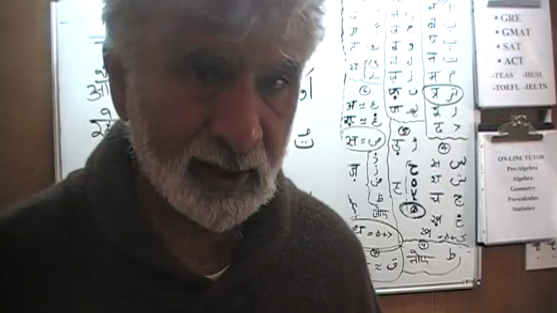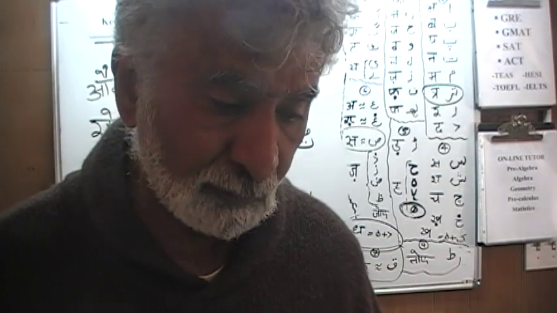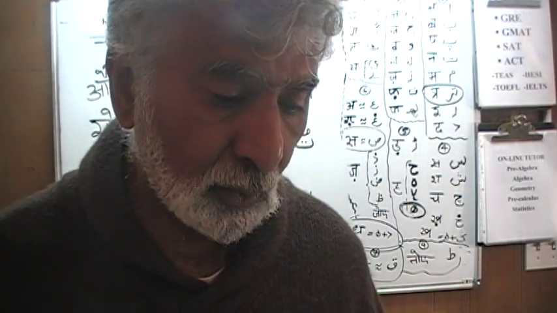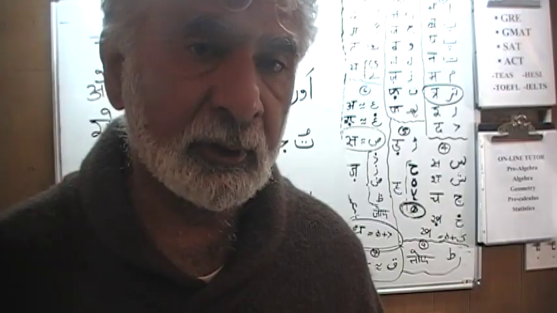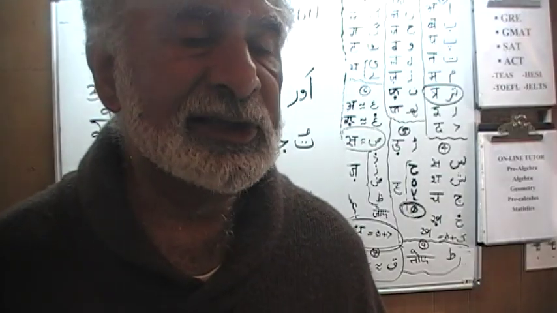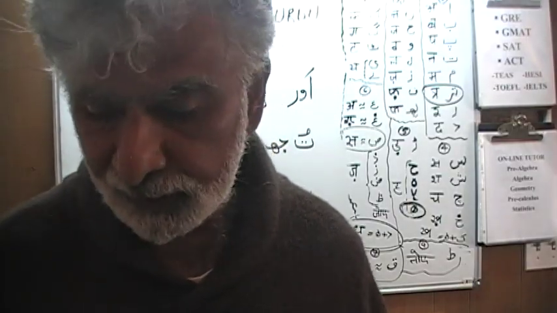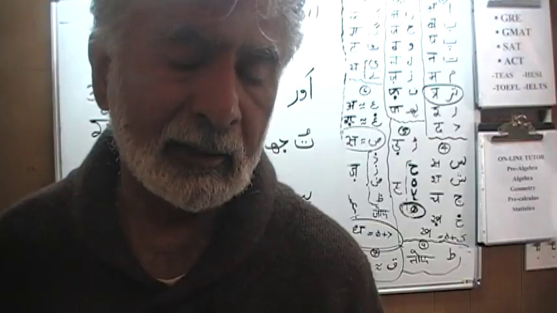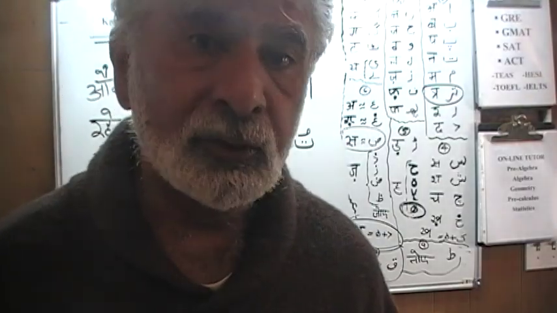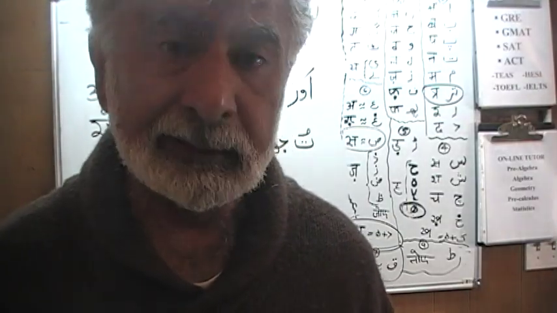Tu bhi kisi se pyar kare, that one day you will fall in love with somebody, or rahe wo tuj se pare, and I wish that he will remain distant from you, that your love will not be fulfilled. I wish that he would remain distant from you as you are to me now.